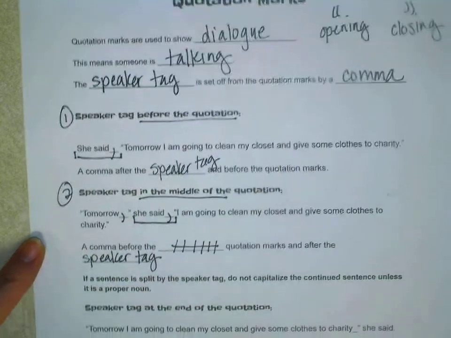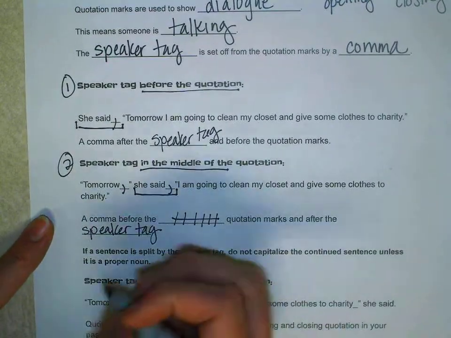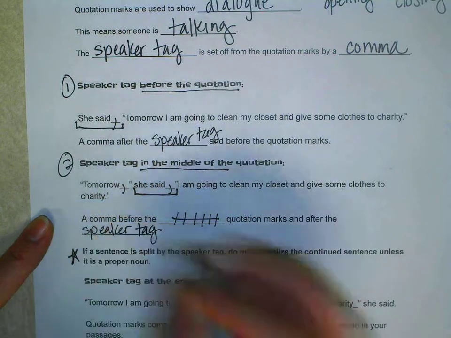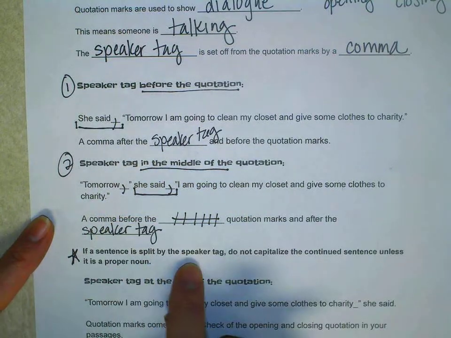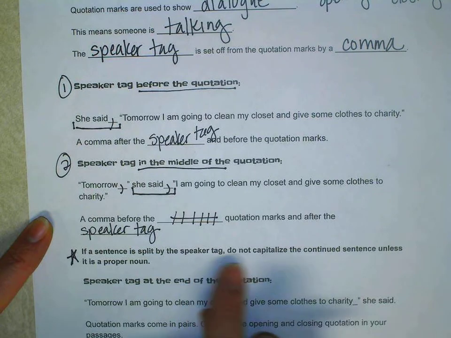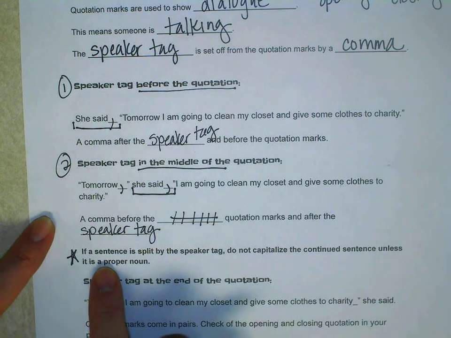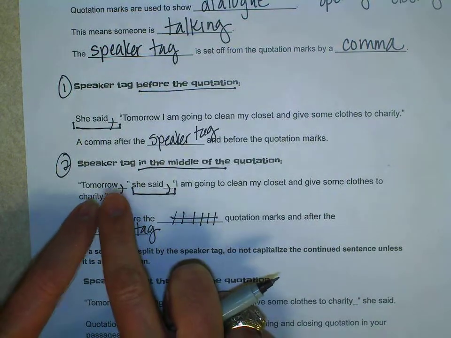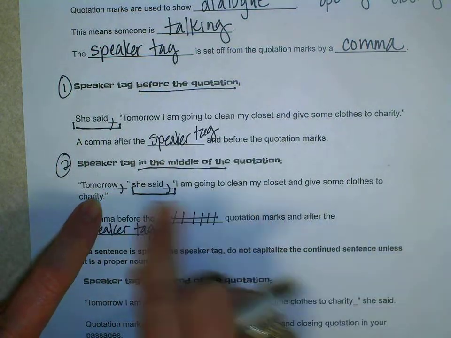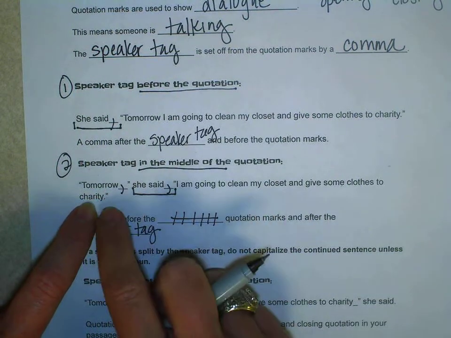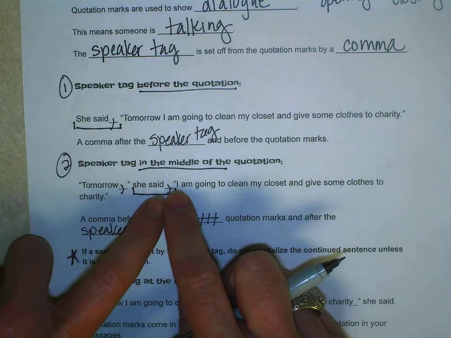Now, here's a big note right here. If a sentence is split by the speaker tag, do not capitalize the continued sentence unless it is a proper noun. Okay, so the sentence is, "Tomorrow I'm going to clean my closet and give some clothes to charity." So the only reason I'm capitalizing I is because it's a proper noun.